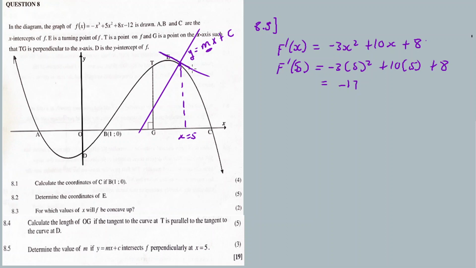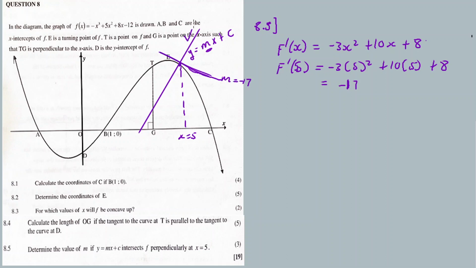So the gradient of a tangent that passes through the curve. Remember, a line cannot be perpendicular to a curve. So they are talking about a tangent, this line is perpendicular to the tangent that passes through the curve at this point E. So this tangent has a gradient which is equal to minus 17.